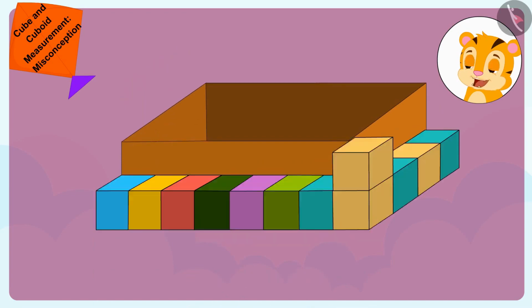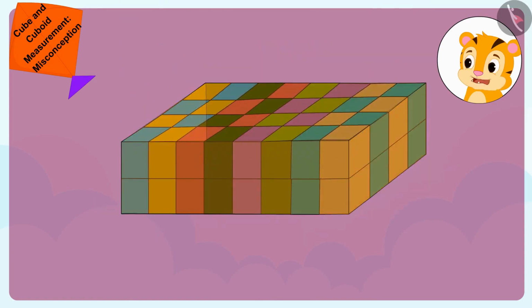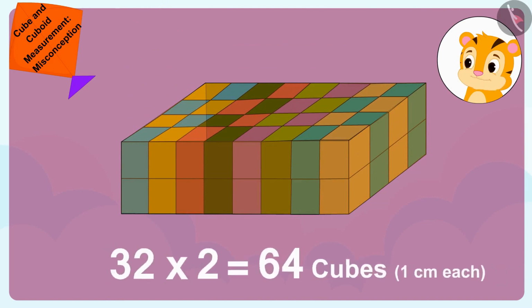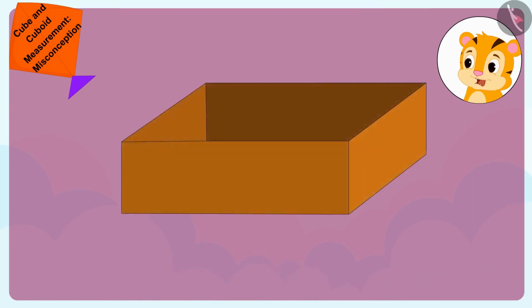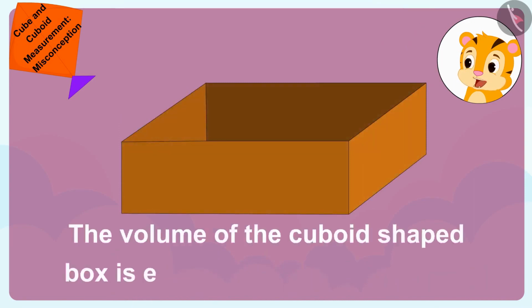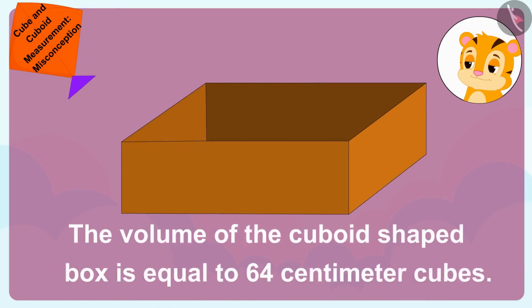That means there would be 2 such layers. We will be able to place a total of 32 times 2, 64 cubes of dimension 1 centimeter each in the cuboid shaped box. In other words, the volume of the cuboid shaped box is equal to 64 centimeter cubes.